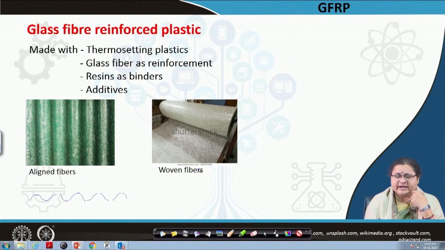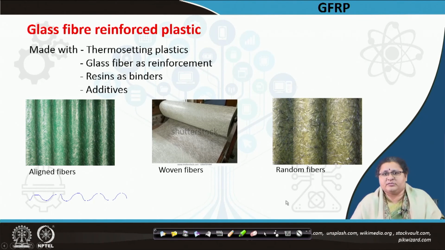But with the woven fiber, you can have in the corrugation in any direction, or else you can use as a plastic sheet, reinforced plastic sheet, glass fiber reinforced, or else you can have the random fiber, where you can see the glass rovings being seen, they are randomly spreaded in different directions.